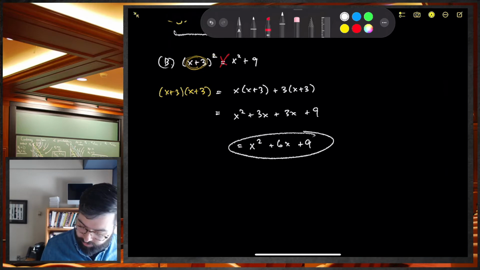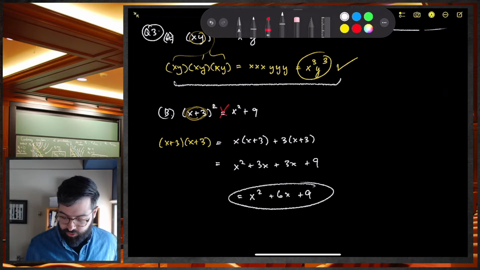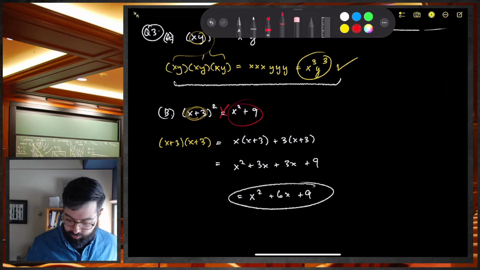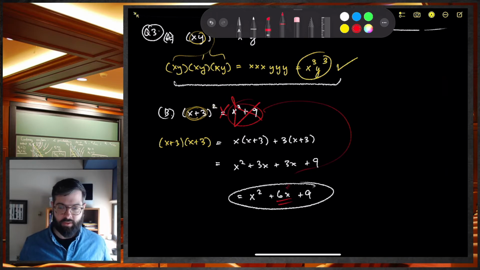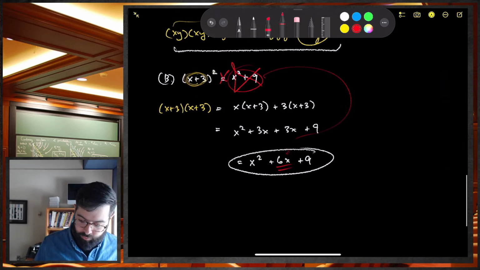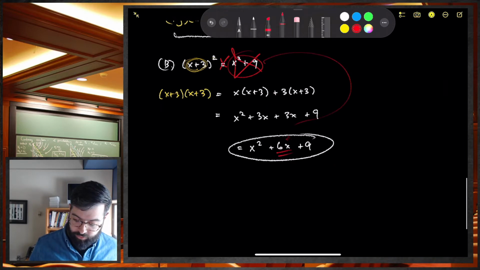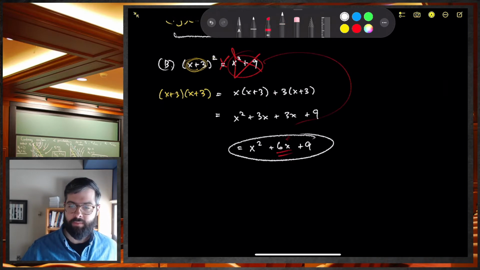So you can see how this is like a shortcutty answer, but it's missing a whole term, right? It doesn't have this 6x, so that's why that's incorrect. Okay, so this is how you would make it true, would be adding that 6x to the right-hand side.